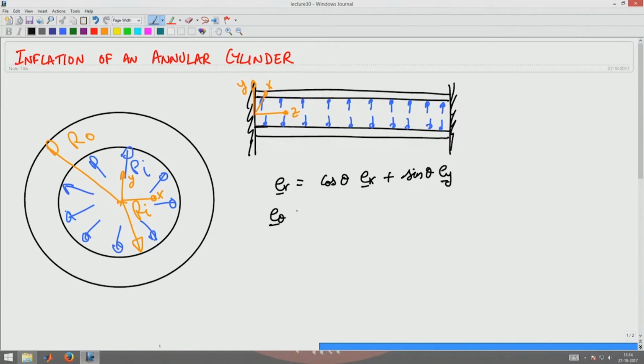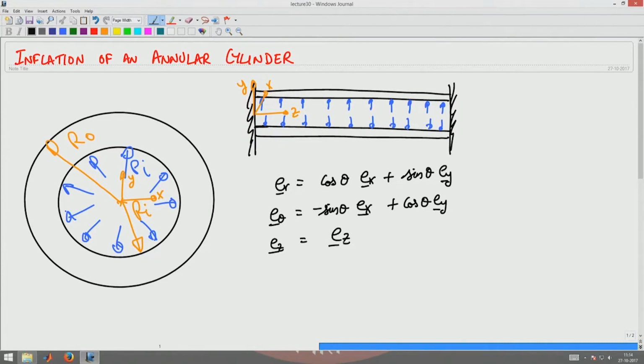I will mark what theta is shortly. E theta is minus sin theta E x plus cos theta E y, and E z in cylindrical coordinates would be the same as E z in the Cartesian coordinate system.